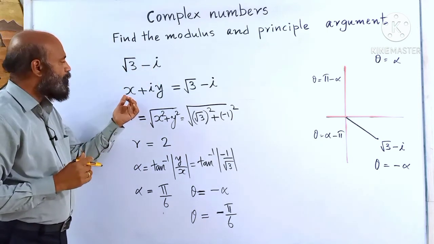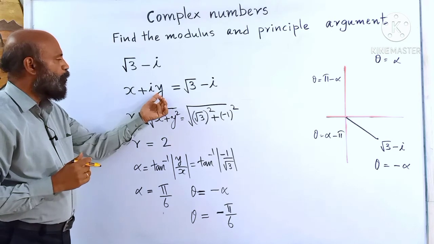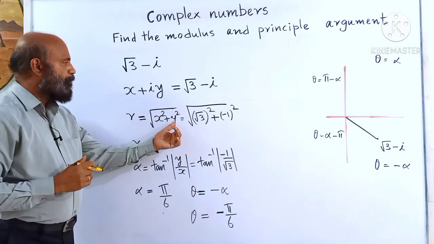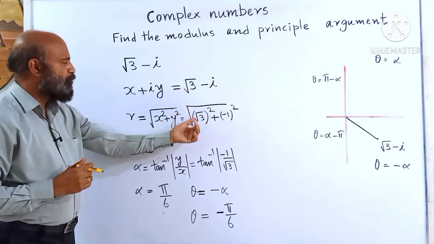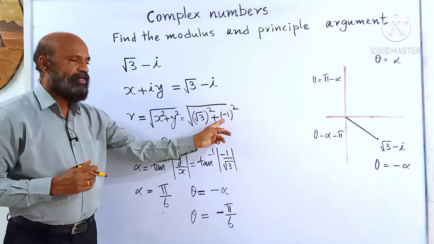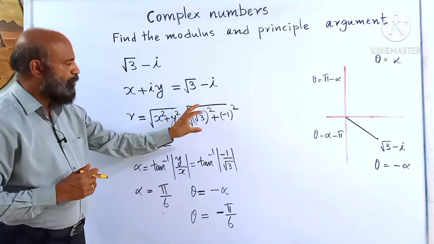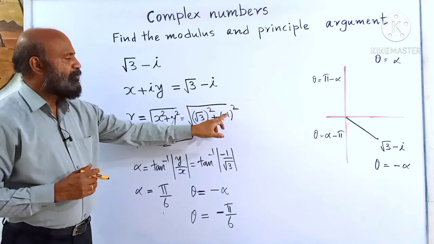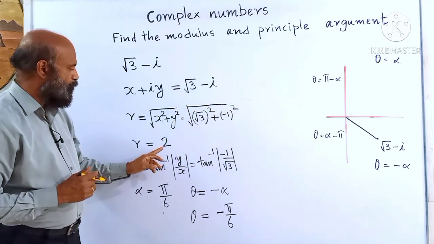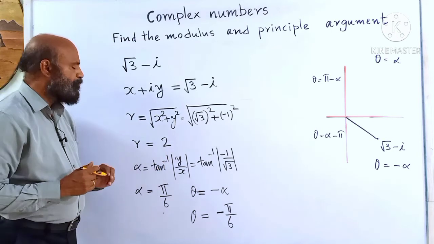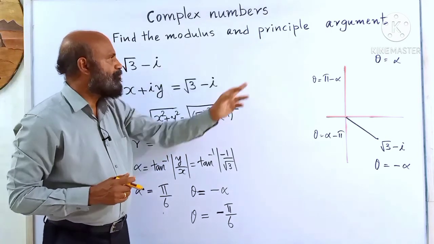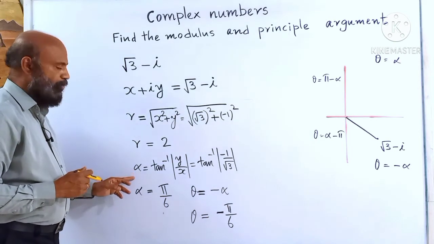Let the given complex number be x plus iy. Then the modulus is square root of x square plus y square. Here x is root 3, y is minus 1. Root 3 square is 3, minus 1 square is 1, 3 plus 1 is 4, square root of 4 is 2. So the modulus is 2. Then for getting the principal argument, you have to get alpha.